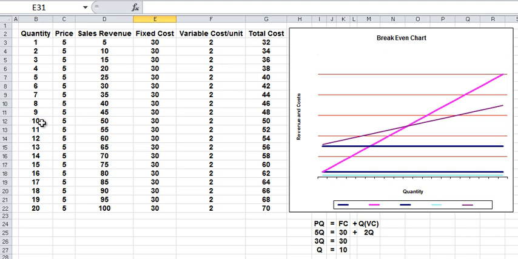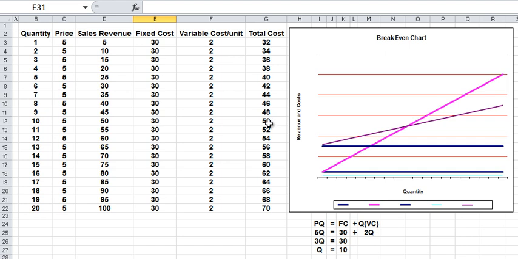Likewise, we go to 10. We've got 30, 2 times 10, which is 20. So 2 tens plus the 30 is 50.